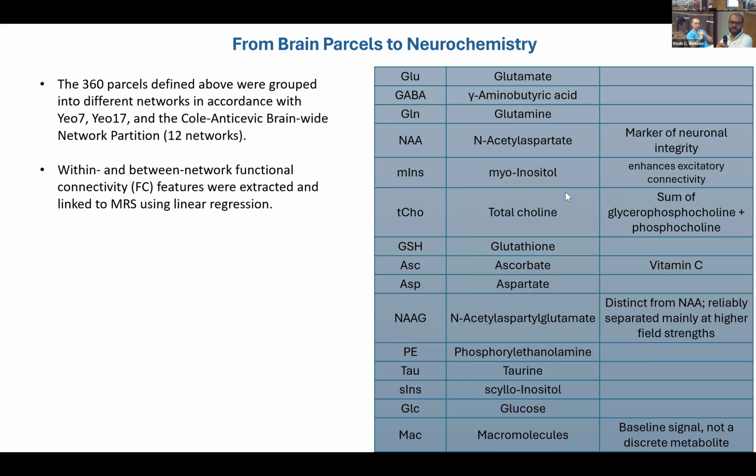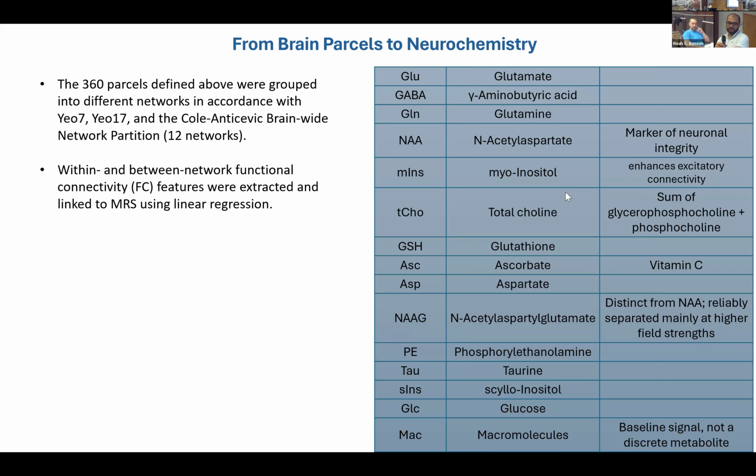We didn't use any ICA, so we just used the HCP utils package. Thanks to the people who introduced this to us during these two weeks. That gave us networks in Yeo 7, 17, and Cole-Anticevic brain-wide parcellation networks. So we'll be using those to get within and between network FC features.